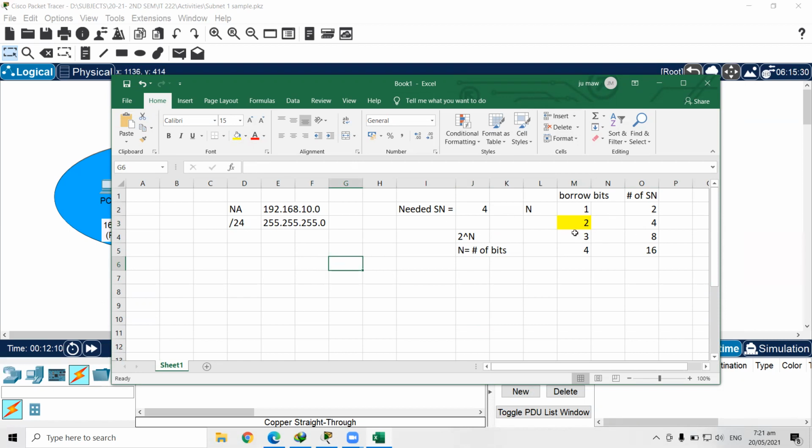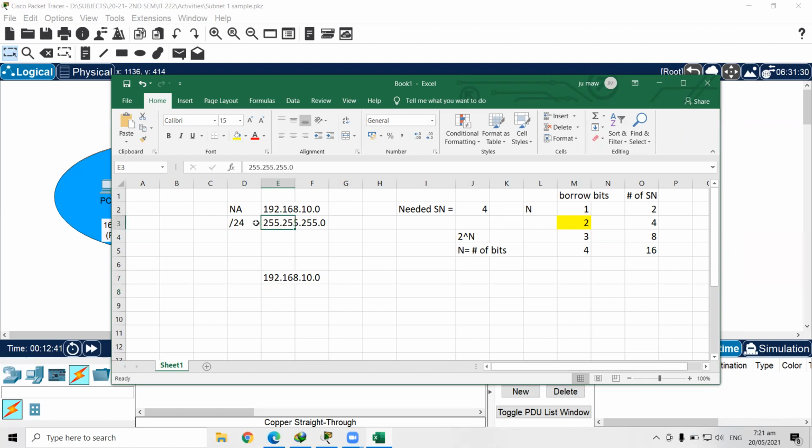So alam na natin yung number of bits na maborrow. Ipa-partition natin siya, 192.168.10.0. Aalamin natin yung network portion, subnet at saka yung host portion. Let's identify first the network portion and the host portion.